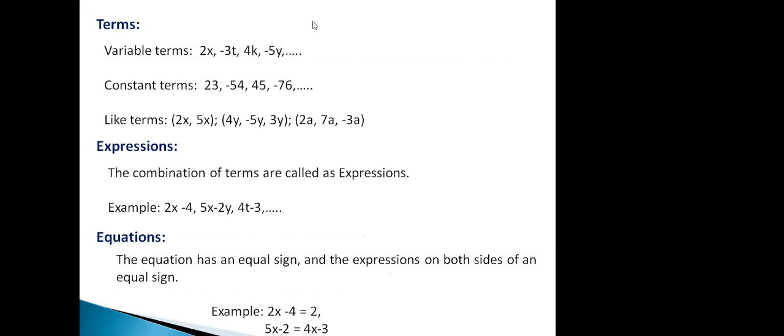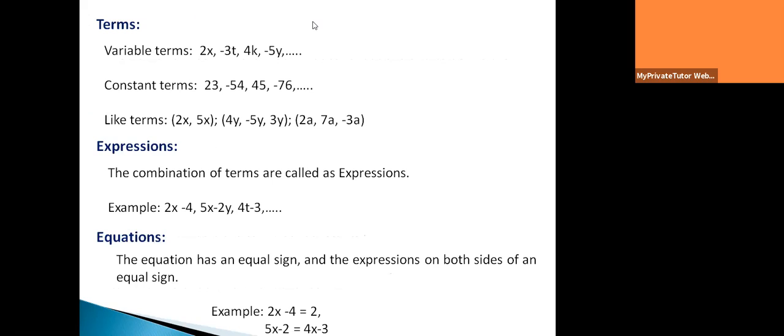The terms are the combination of a variable and a constant, or else separate constants and separate variables. You can see that all are terms. Expressions, as I said, are a combination of multiple terms, maybe 2, maybe 3, more than 3.